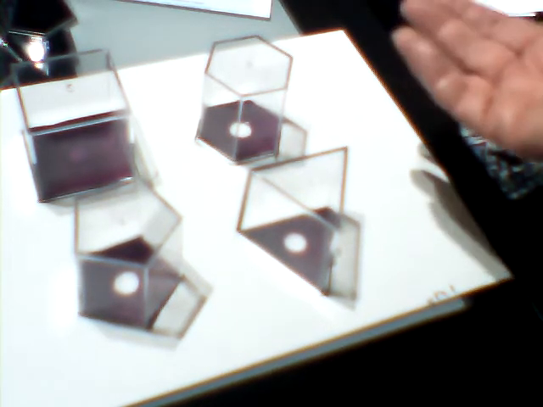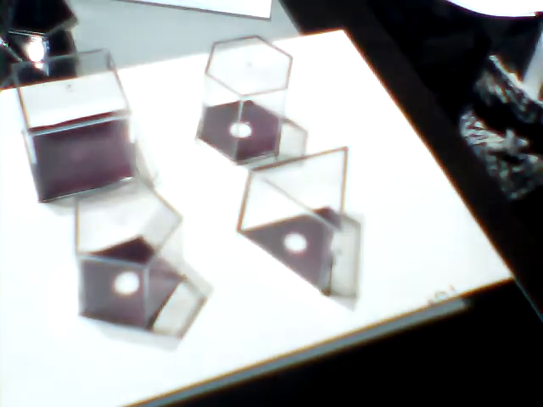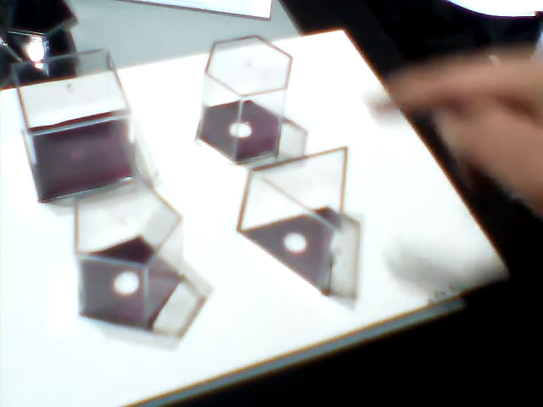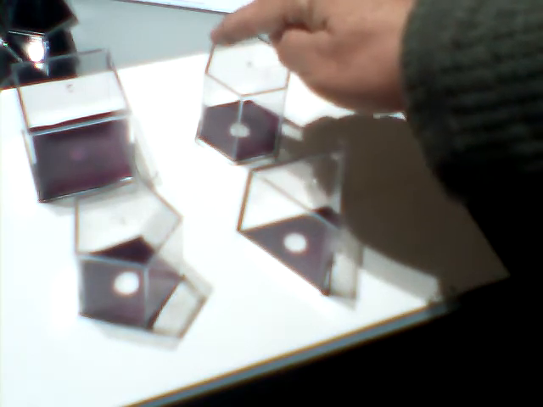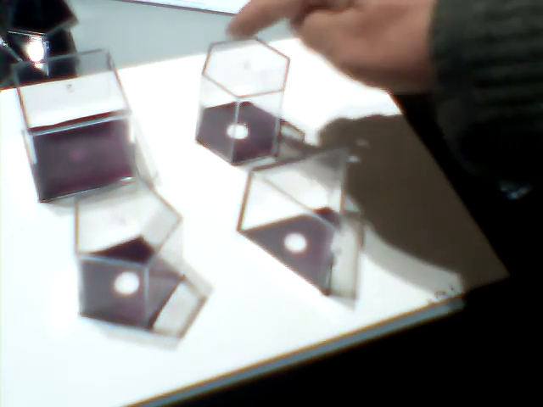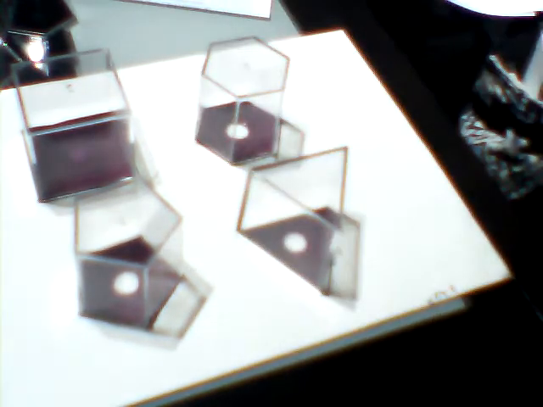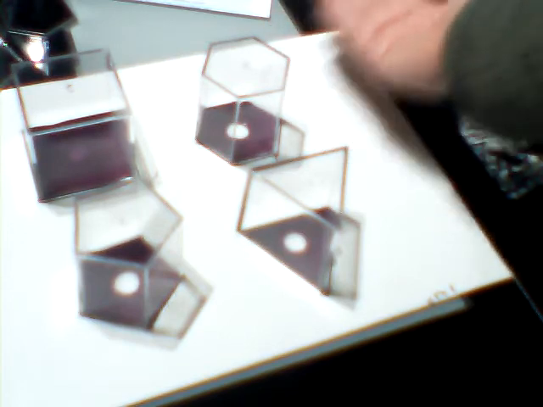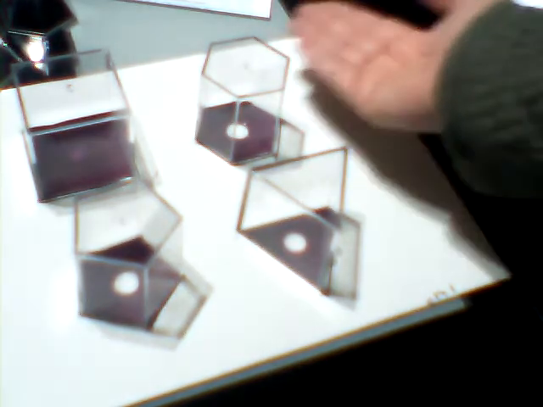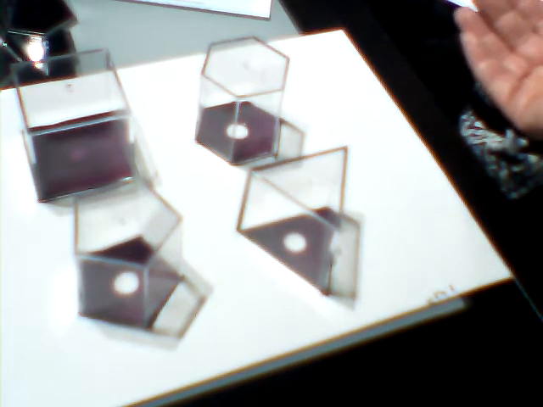So if you have a right prism where the base shape is a regular shape, for an n-sided polygon on the base, you're going to have n planes of reflection symmetry that can cut through the bases, plus one that can cut horizontally, so you're going to have n plus 1 planes of reflection symmetry.